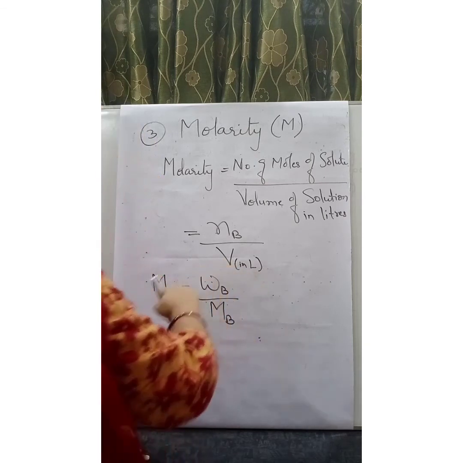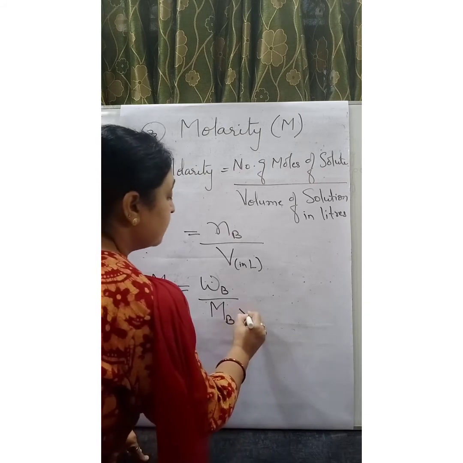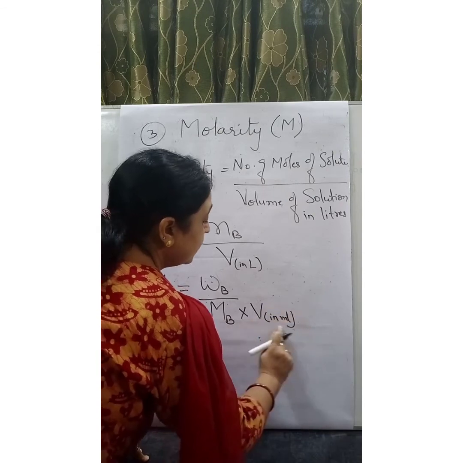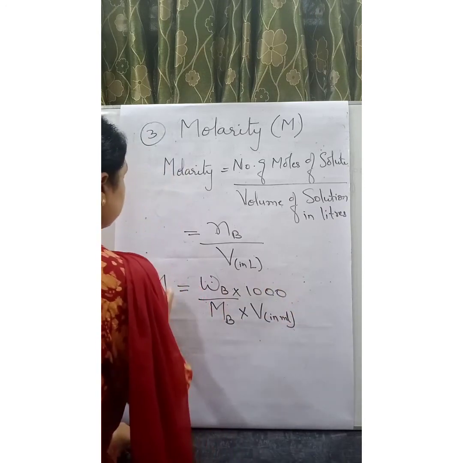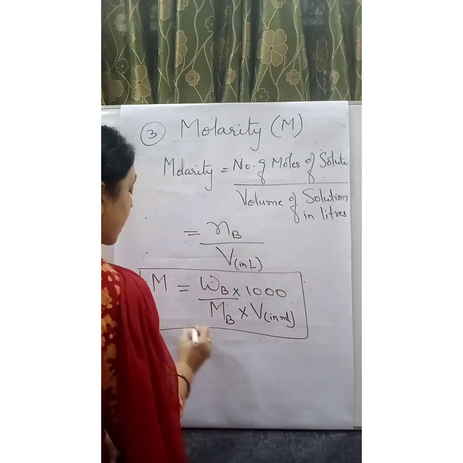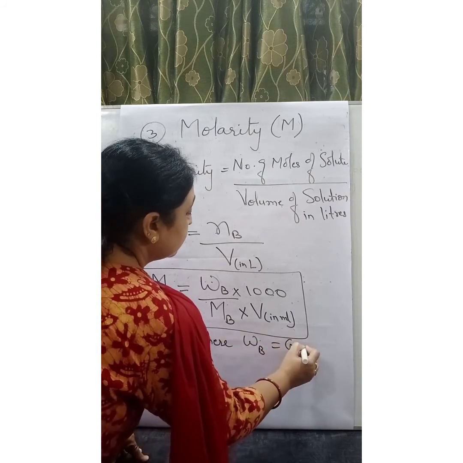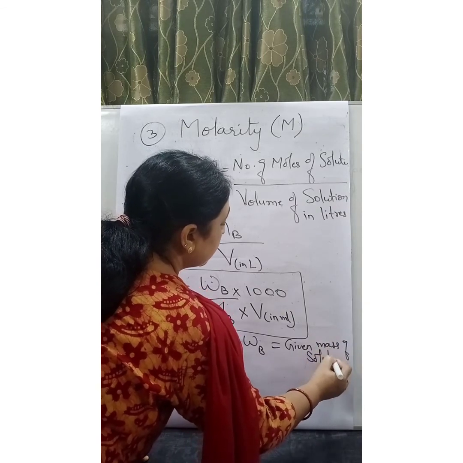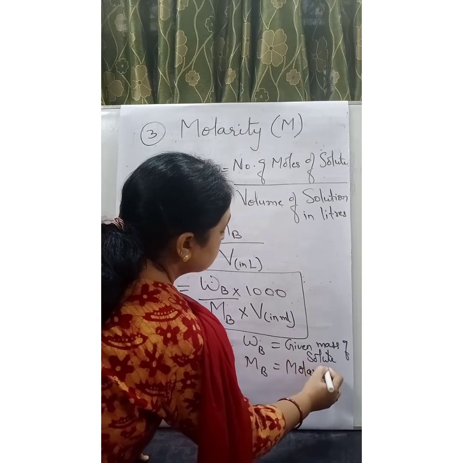Now, if the volume is not given in liters, if it is given in ml, you have to convert it into liter by dividing by 1000. So if volume is in ml, 1000 is going to go up. This is the formula for molarity, where Wb is given mass of solute and Mb is molar mass of solute.